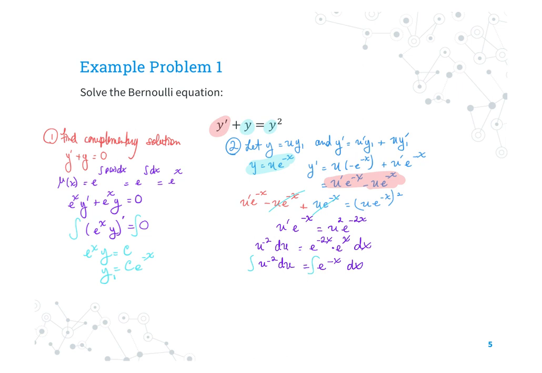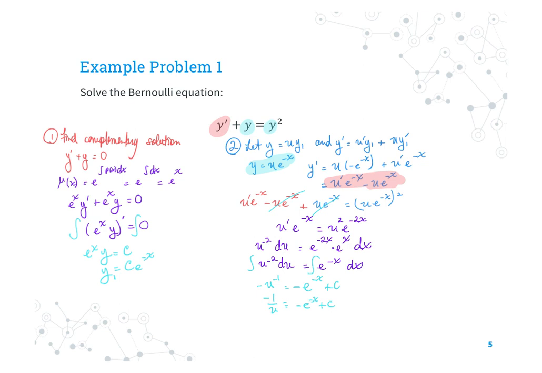From here, the integral of u to the negative 2, add 1 to the power and divide, is going to be negative u to the negative 1. And e to the negative x is going to be 1 over negative 1, so just negative e to the negative x plus c. Or negative 1 over u equals negative e to the negative x plus c.